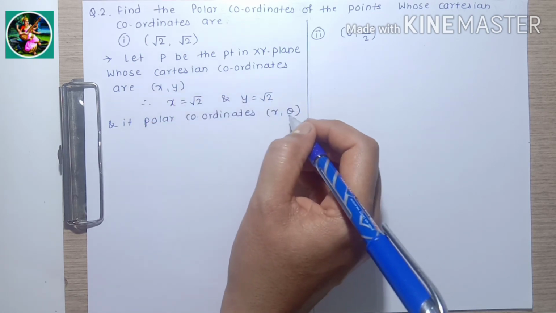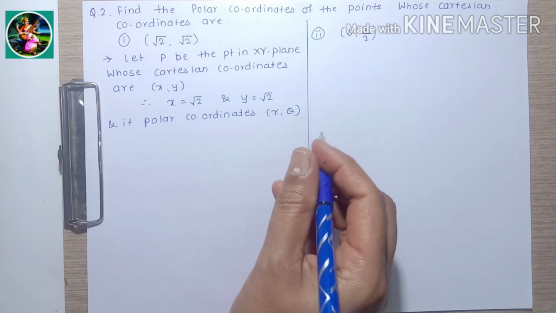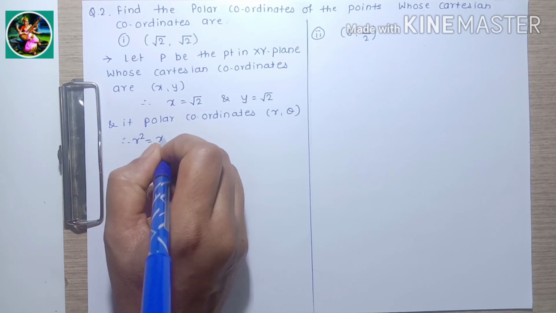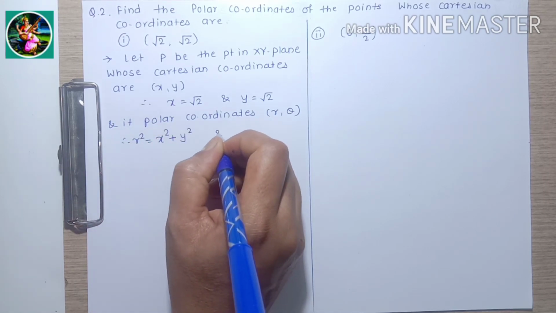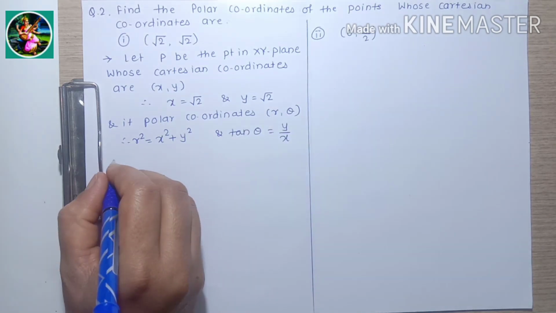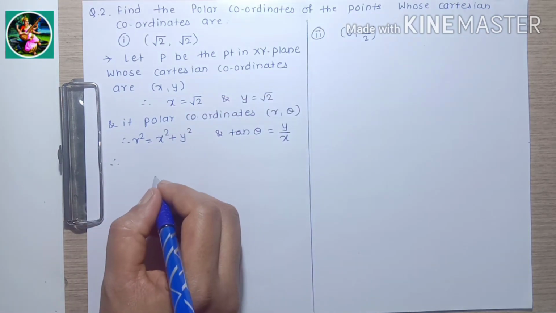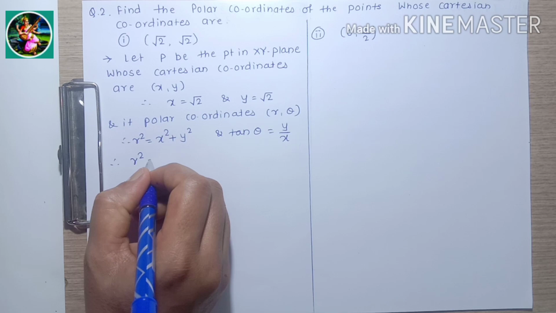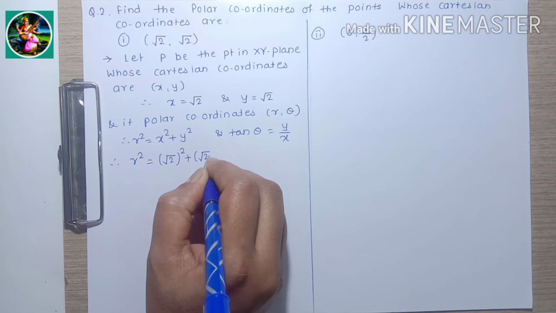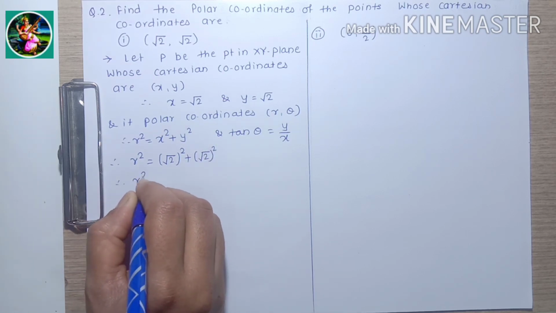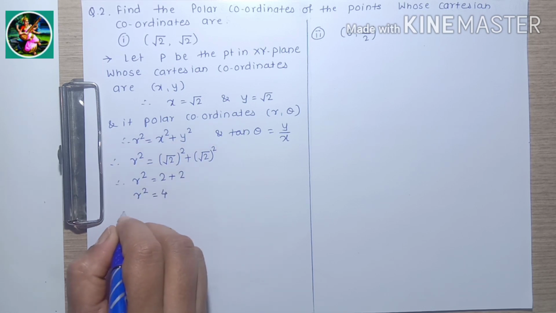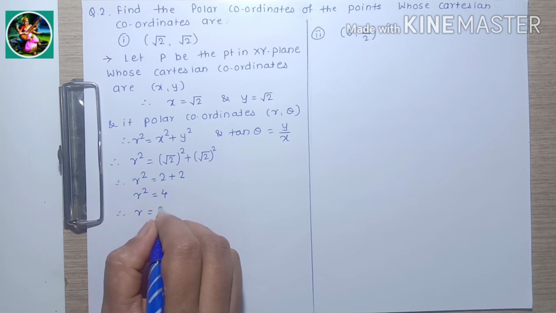As we know, the relation between the polar coordinates and Cartesian coordinates is r square is equal to x square plus y square and tan theta is equal to y upon x. Therefore we substitute the values of y and x. Here we get r square is equal to root 2 bracket square plus root 2 bracket square, that is r square is equal to 2 plus 2, that is r square is equal to 4. Therefore r is equal to 2.